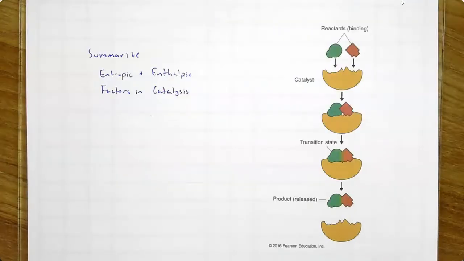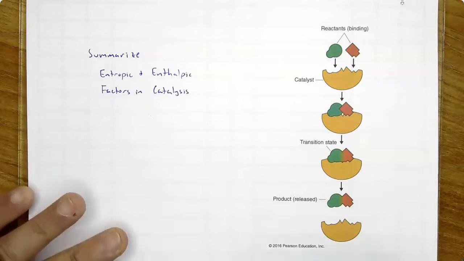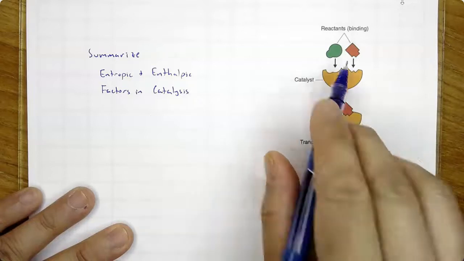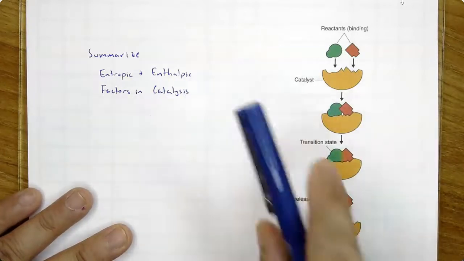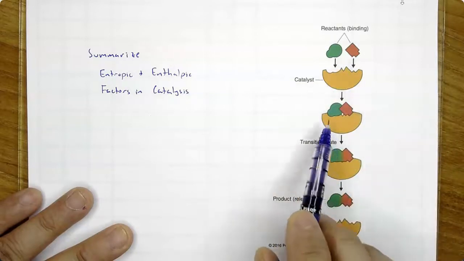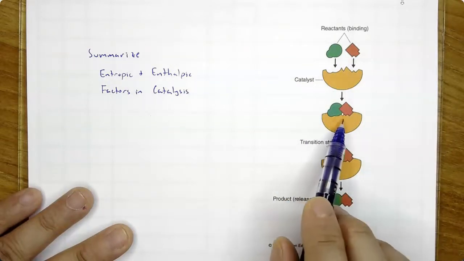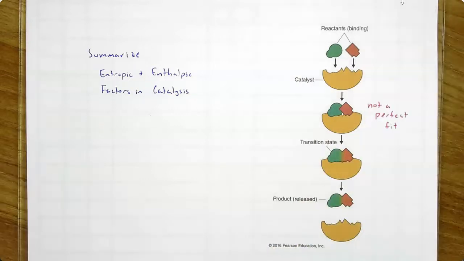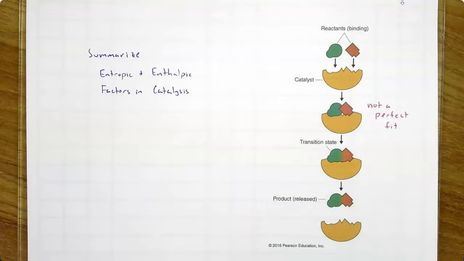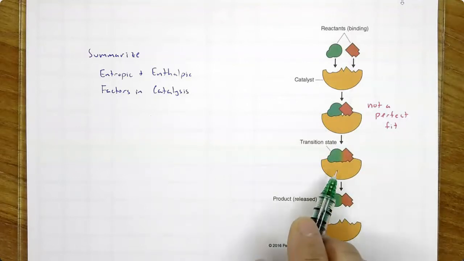Let's summarize the entropic and enthalpic factors in catalysis. In this case, we are making a covalent bond. We're combining two reactants. And here's the catalyst, and you can see that when we bind the substrates with the enzyme or the catalyst, it's not a perfect fit. But as the two reactants start to combine and go towards the product, we get to what's called the transition state.